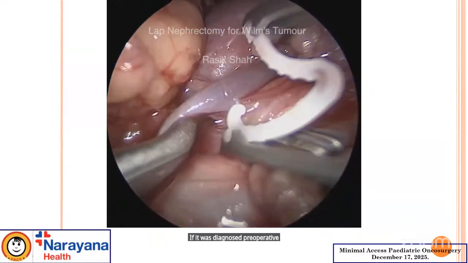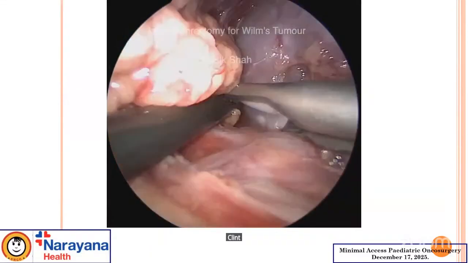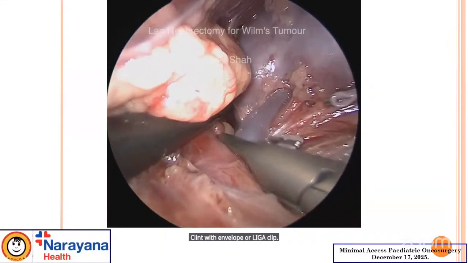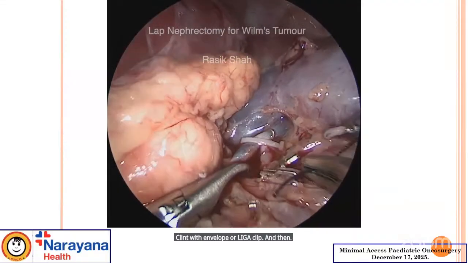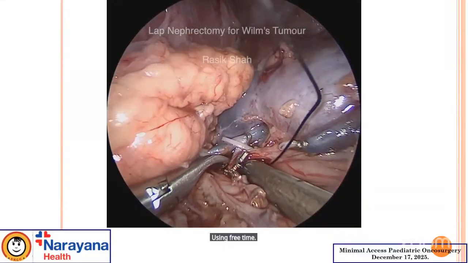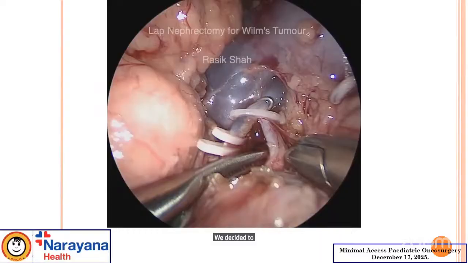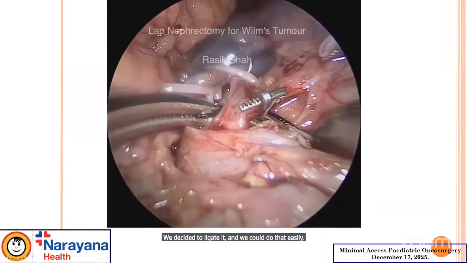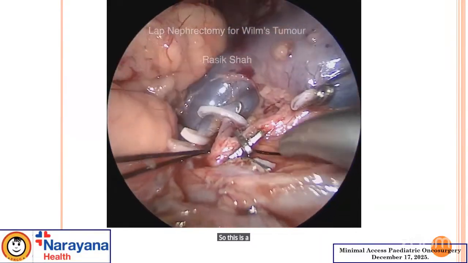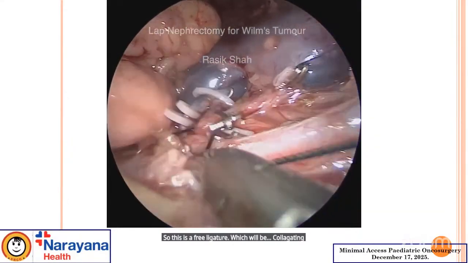So all these vessels were either clipped with Hem-o-lok clip or Ligaclip, and then one artery we ligated using a free tie. This was the artery, because there was no space, we decided to ligate it, and we could do that easily. So this is a free ligature which will be ligating these vessels.